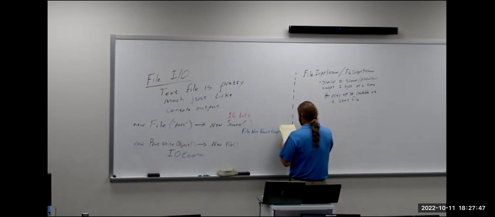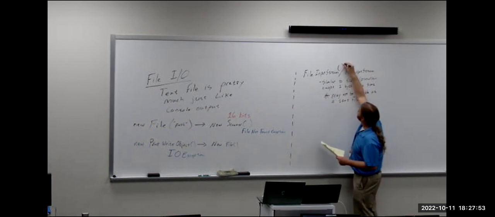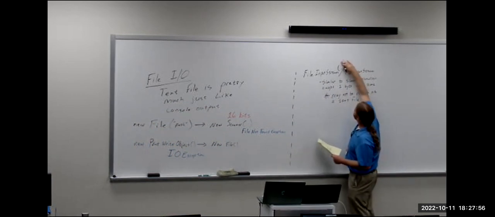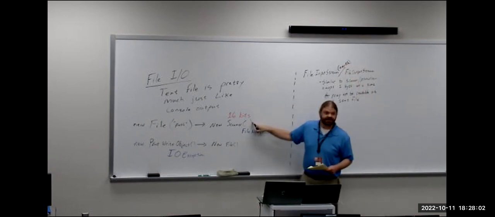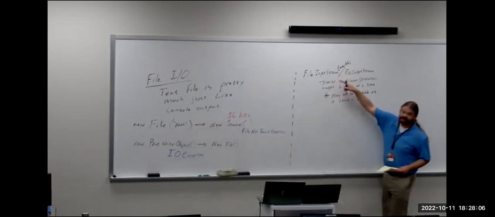Along with those, oh yeah, and just to be clear, in the constructor, we pass in a file object. So that's where it's similar to these. So instead of passing our file object into a scanner, we pass our file object into a stream.